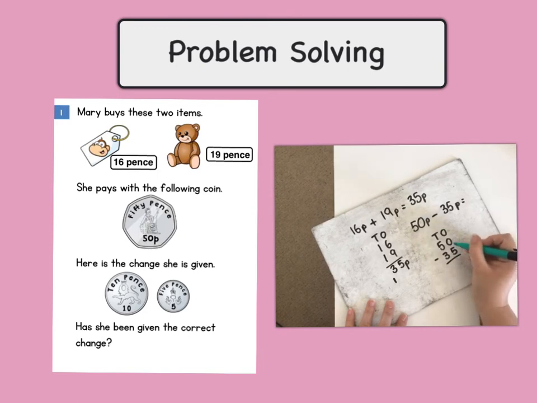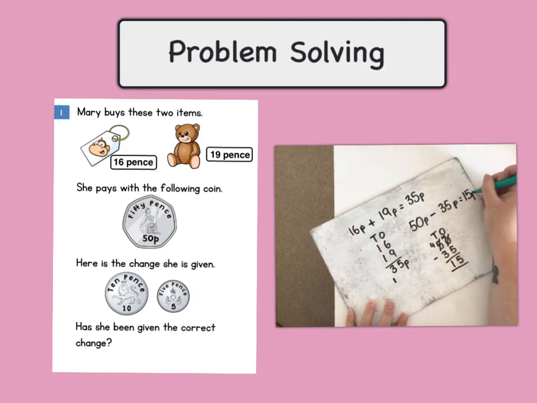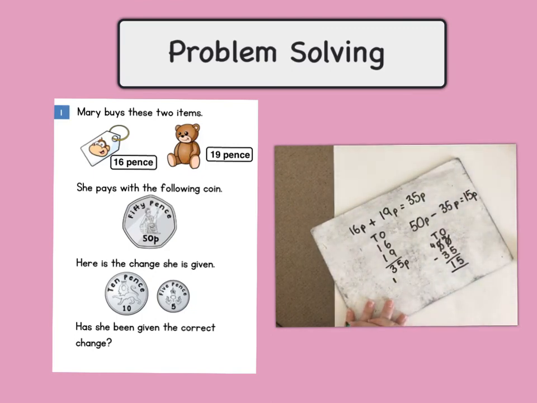I can't do 0 take away 5, so I'm going to borrow a 10. So now I have 10 take away 5, which leaves me with 5. And now I have 4 tens take away 3 tens, which leaves me with 1. So here I can see that the answer is actually 15. So that means she gets 15p change. So the shopkeeper was correct. How did you do on this challenge?